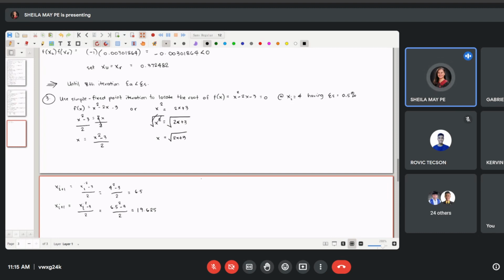Do you have your calculators right now? Class? Yes, miss. Okay. One way to know the root, to know the range where the root lies, is using your calculator.